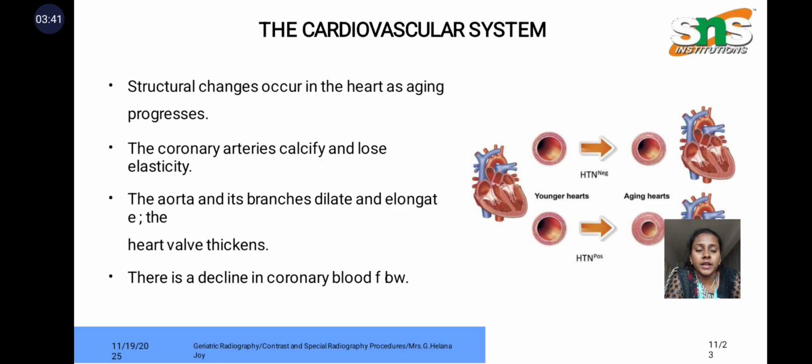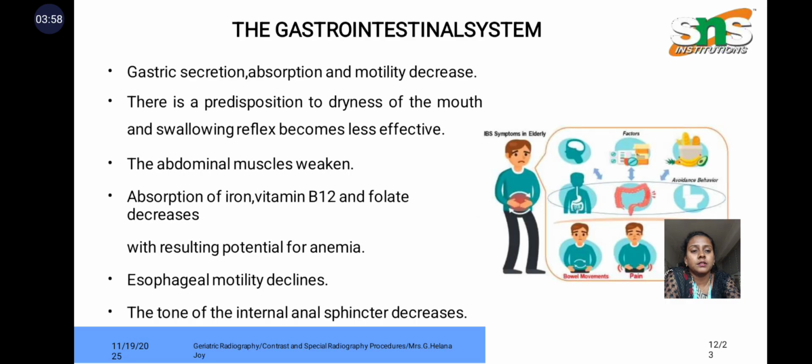The coronary arteries become calcified and lose their elasticity. The aorta and its branches become dilated and elongated, the heart valves thicken, and coronary artery blood flow declines in elderly patients.